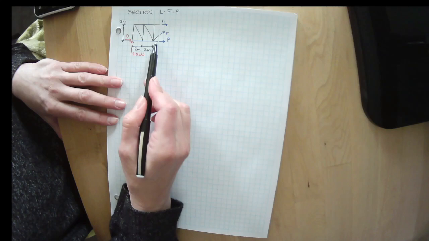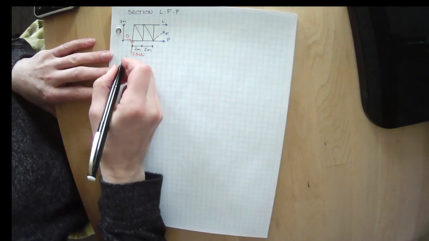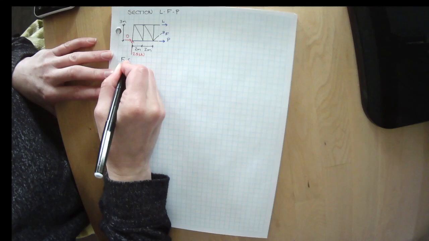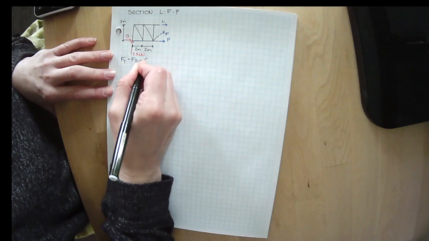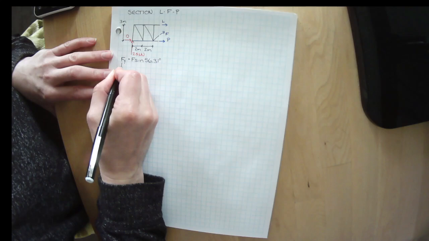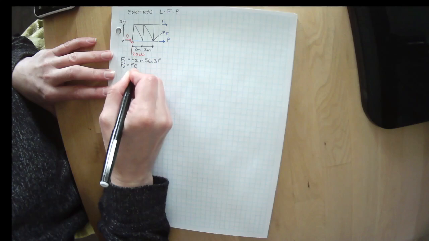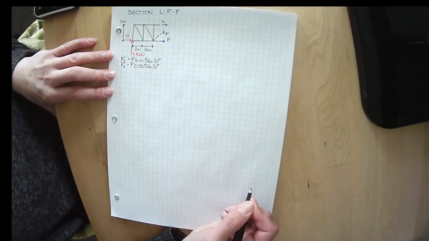So that angle there is 56.3, the same way we've solved it before. So Fy is F times the sine of 56.31 degrees, and Fx is F times the cos of 56.31 degrees.